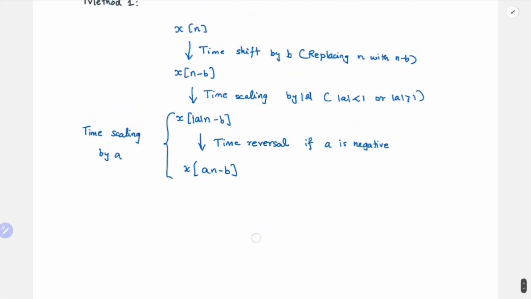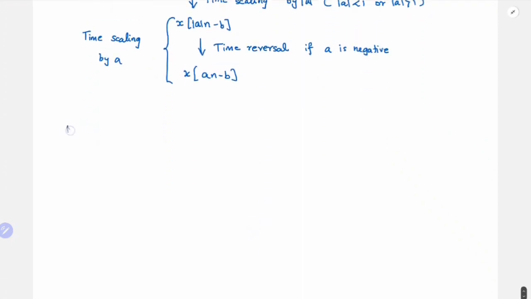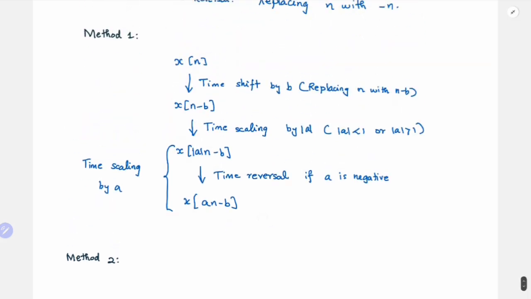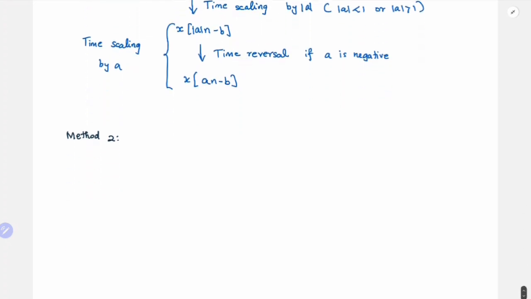So now let us look at method 2. In this we are going to do the scaling first and then we'll do the shifting. So I have x of n, I time scale by mod a units, which can be mod a less than 1 or mod a greater than 1.